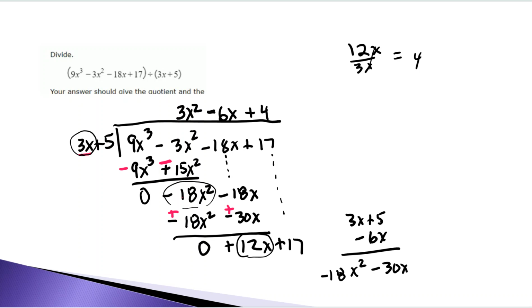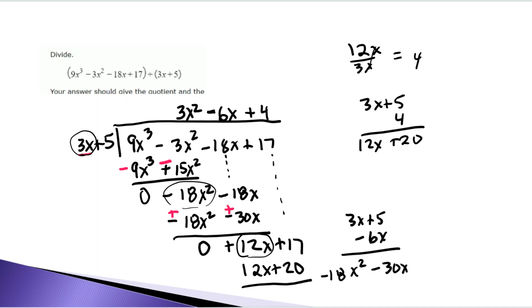So my last term is a 4. And again, I multiply 3x plus 5 times 4. 4 times 5 is 20. 4 times 3x is 12x. So that's what I write down here.